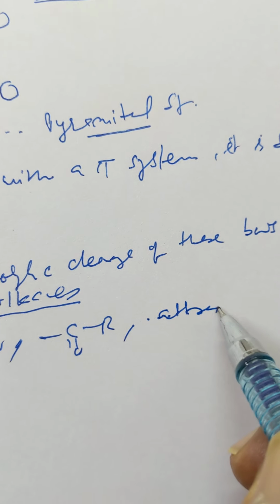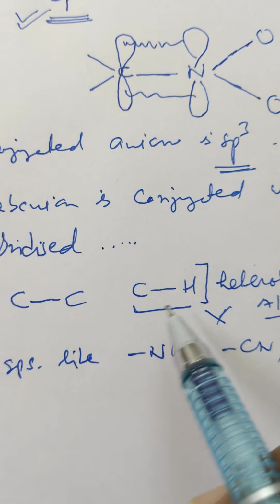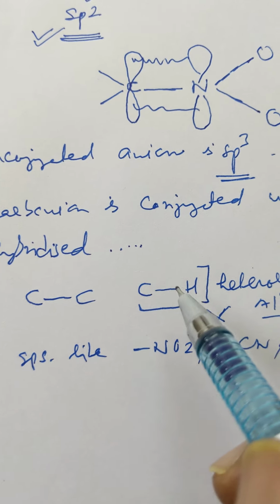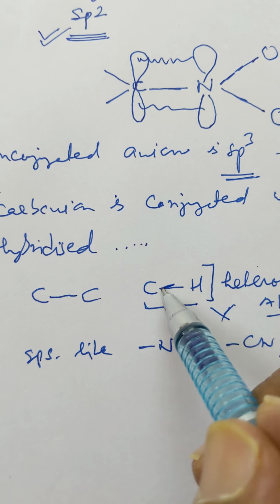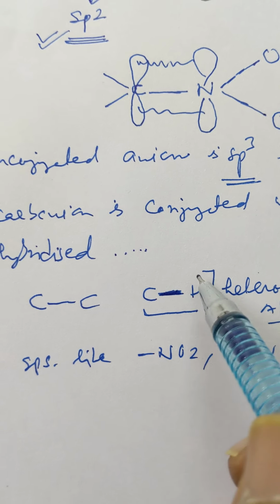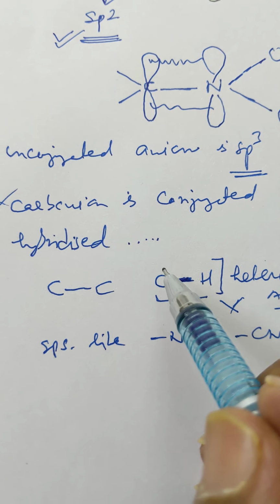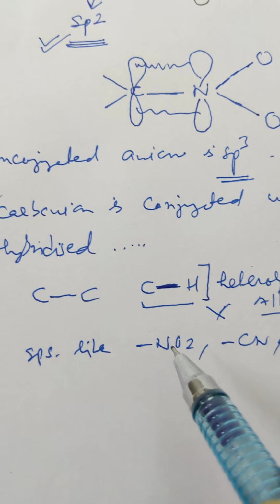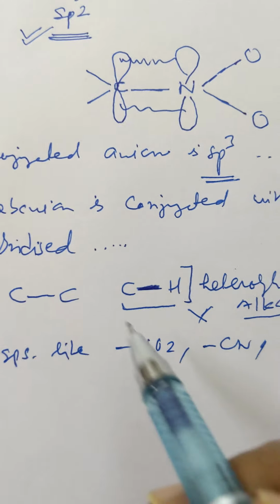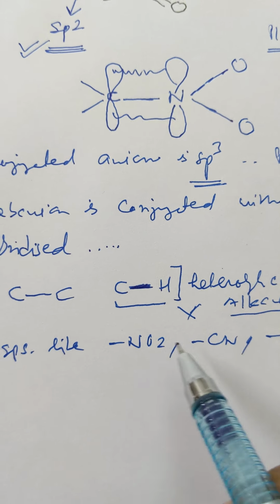In general, attracting groups present alpha to this, even a triple bond, will make it acidic. Then it is formed by heterolytic fission of the CH bond, because they take up the proton, and the electron pair comes at this carbon, and it is formed very easily. Otherwise it is not formed from saturated compounds. So this is how it is formed.